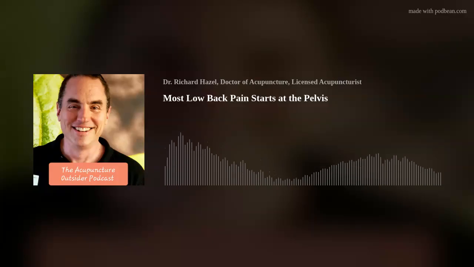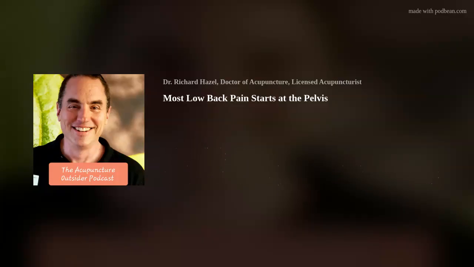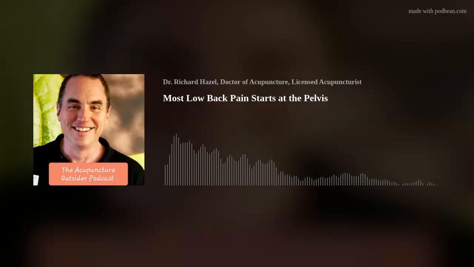QL, I would say, is getting tight when you have back pain more because of that counterbalance against the psoas pulling the spine forward. I've talked about that before, but when the psoas is tight, it increases the lordosis in the low back, and then the QL is protectively tightening to stabilize and protect the low back.